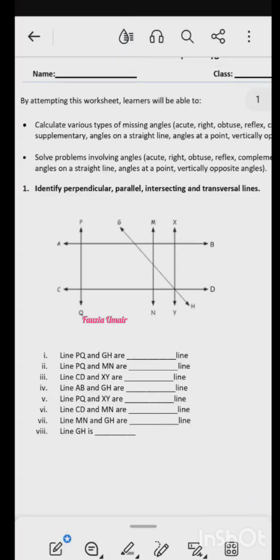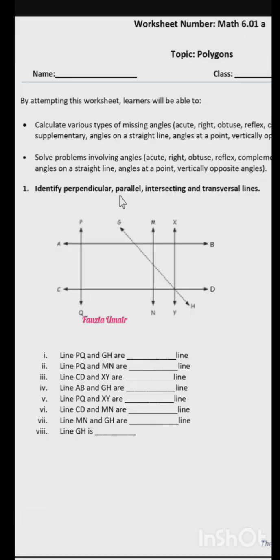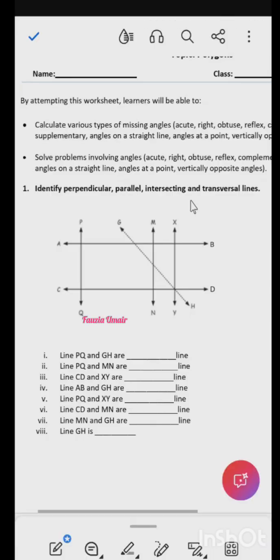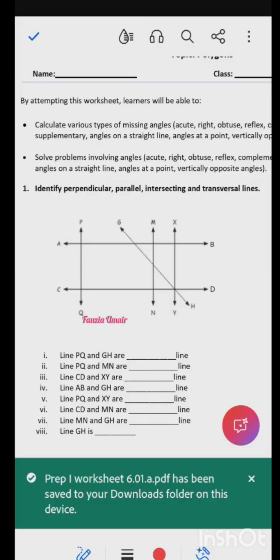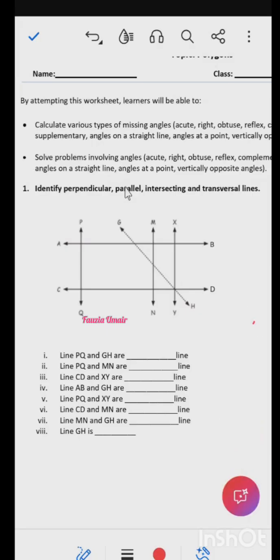What are the perpendicular lines? Can you see it's written in the question? Identify perpendicular, parallel, and intersecting. Ma'am, parallel lines are the lines which are the same distance all the way between them.